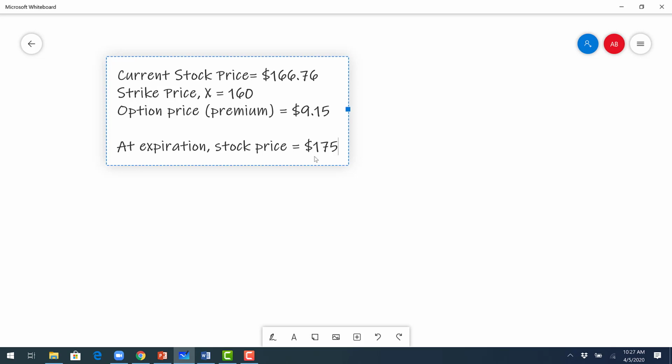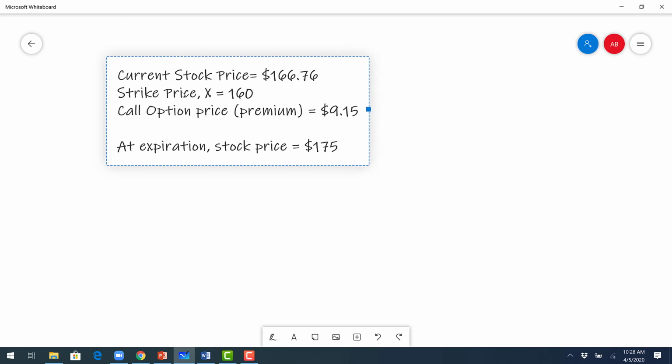You are holding this option, and we are going to work with one option situation. For each option, what is your payoff like, what is your profit like? So you purchase this call option, right? Let me make that clear.